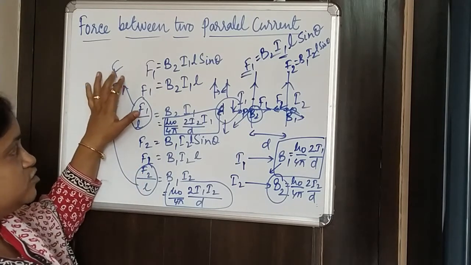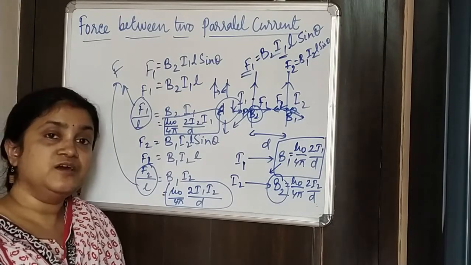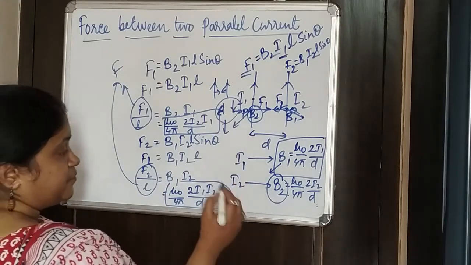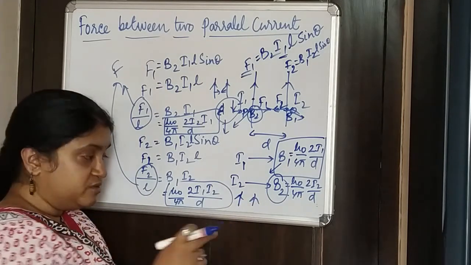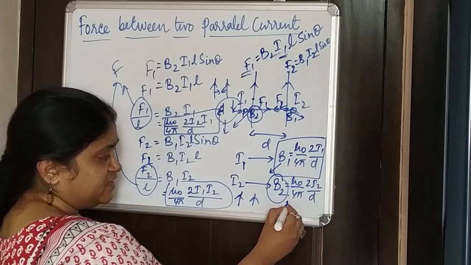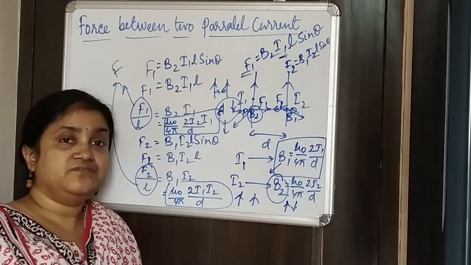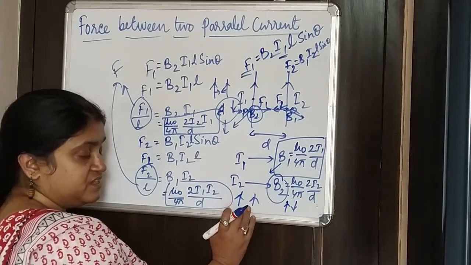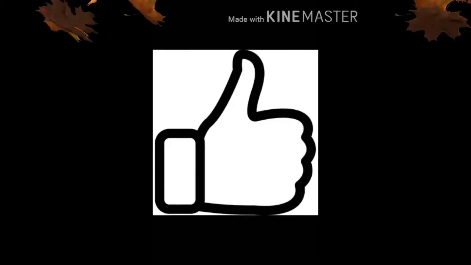This is the force per unit length by which two parallel currents attract or repel each other. If the currents move in the same direction, there is attraction between them, and if they move in opposite directions, there is repulsion. So the force is attractive in this case and repulsive in this case.